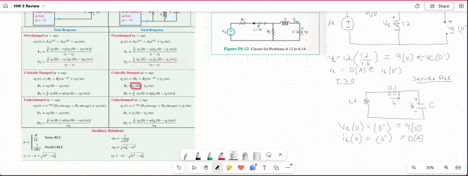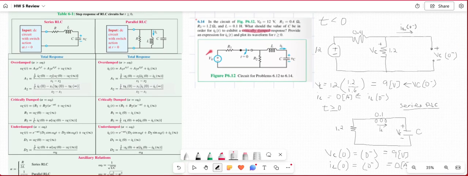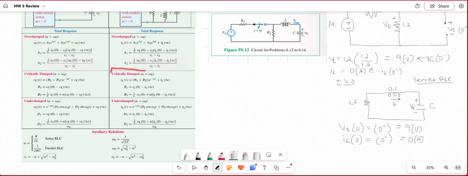IL of 0 we already found, that's this. It also asks for IL of infinity. And we're looking at critically damped, because it says so right here, so we can immediately know that we're looking at this box here.